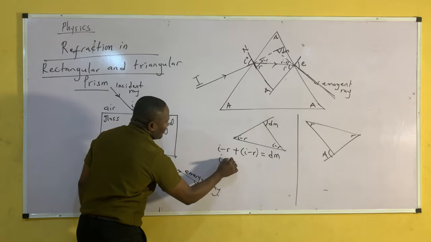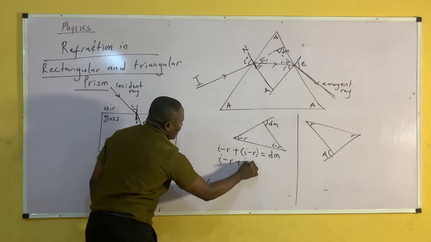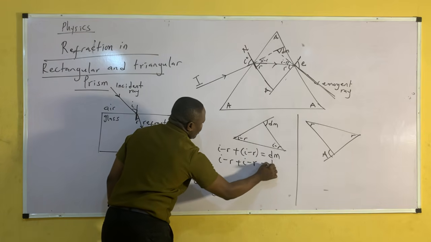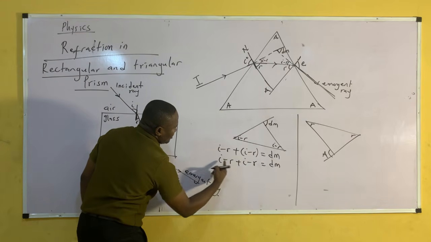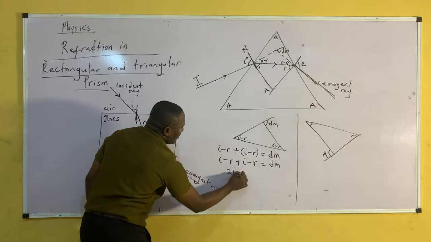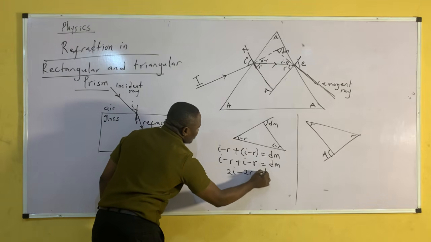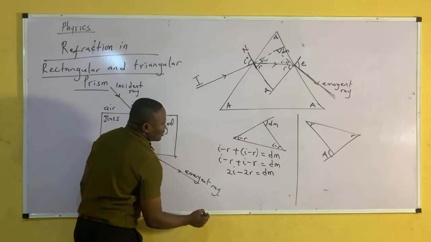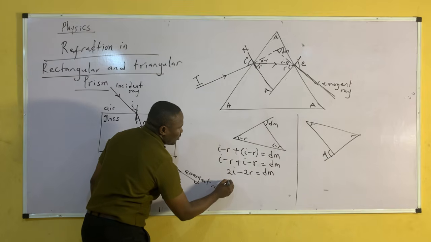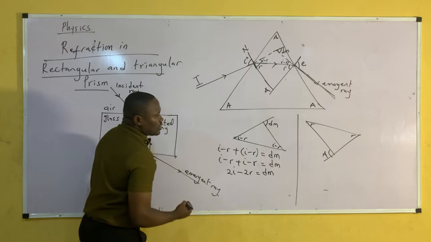So this becomes 2i minus 2r equals minimal deviation.